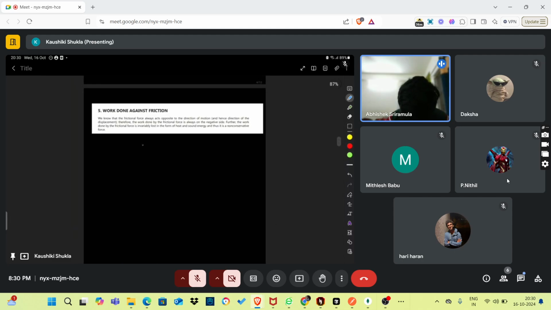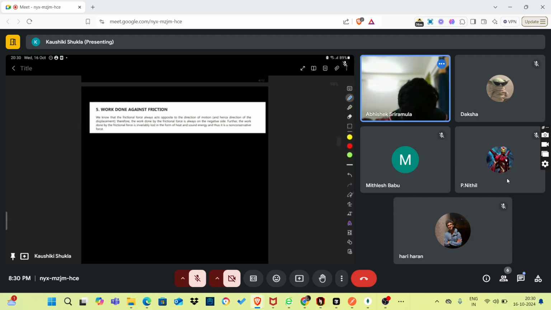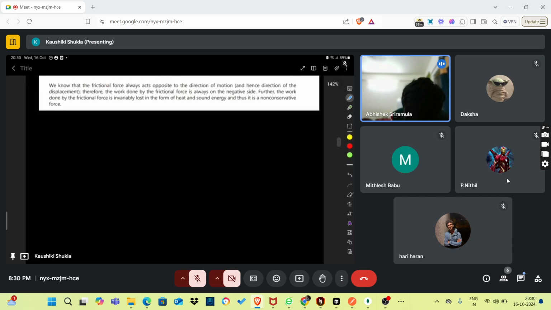It is mentioned here that we know frictional force always acts opposite to the direction of motion, and hence the direction of displacement. Therefore, the work done by friction is always negative. Further, the work done by frictional force is invariably lost in the form of heat and sound energy. Thus, it is a non-conservative force.